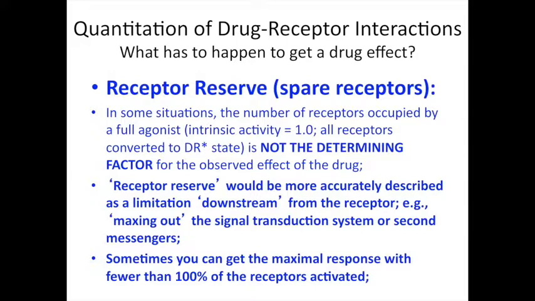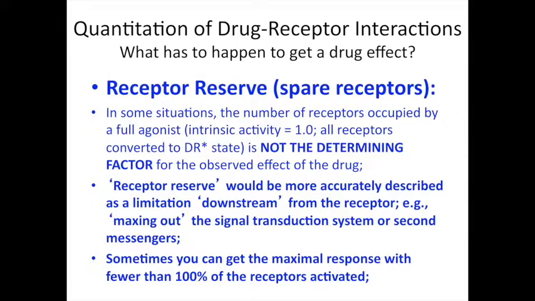Now, when this term was developed, people said those are spare receptors. Well, the reality is it's probably not the receptor that's changing. What really is changing is the transduction mechanism is running out of gas. So that's why I say spare receptors is a misnomer. It's an adjective modifying the wrong thing. The receptors are just ordinary receptors.